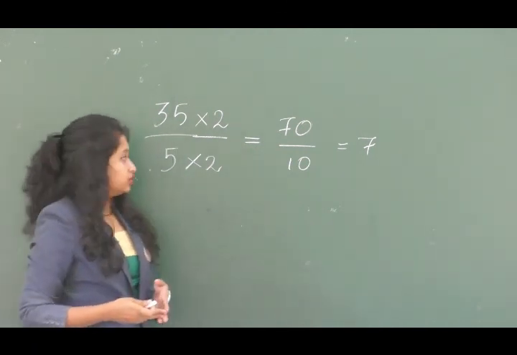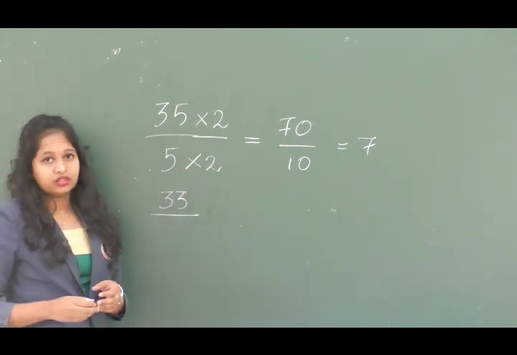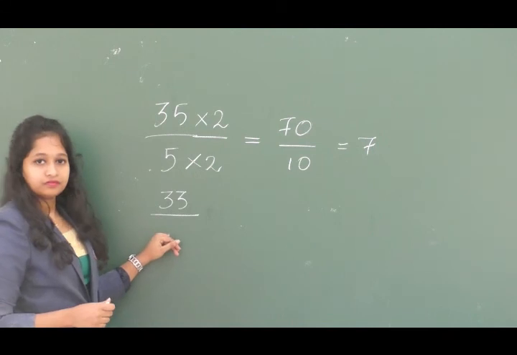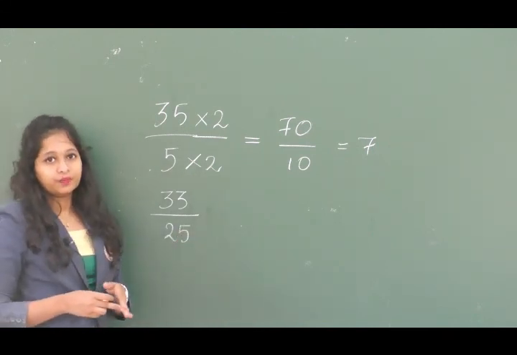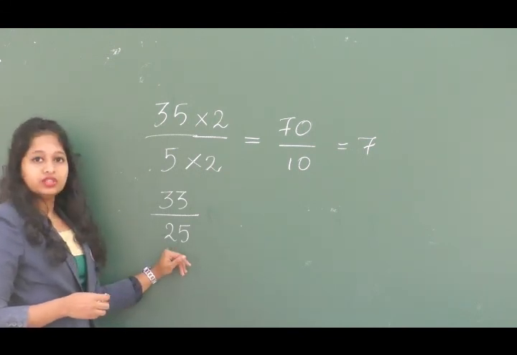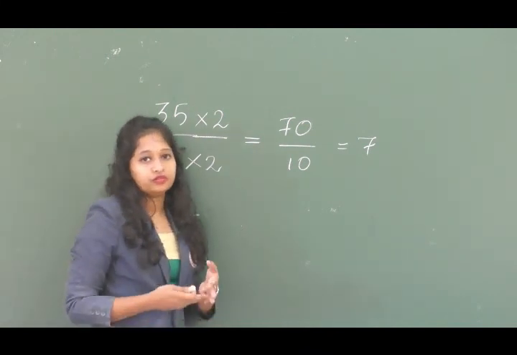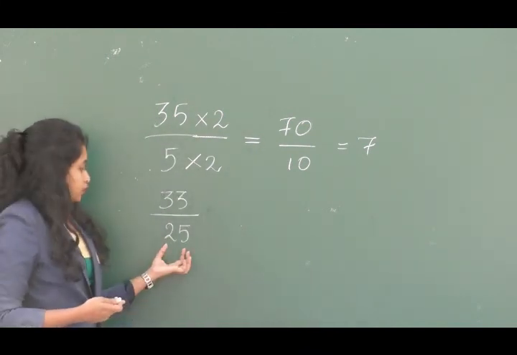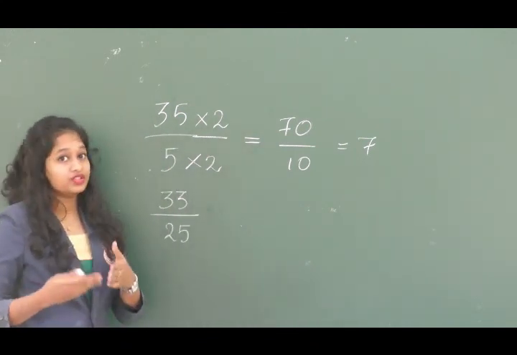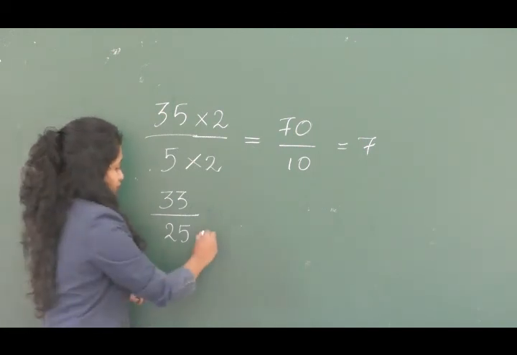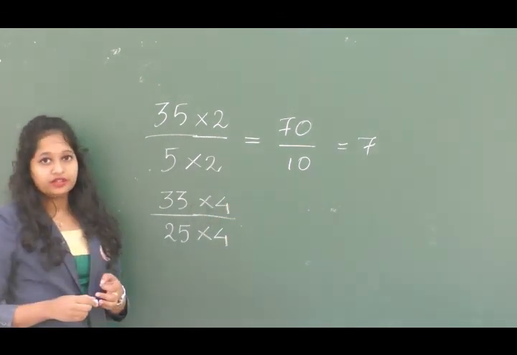Let's see another example. 33 by 25. Okay. Now let's convert this denominator to a multiple of 10. So 25 into 4 is 100. 100 is a multiple of 10. So let me multiply both numerator and denominator by 4.